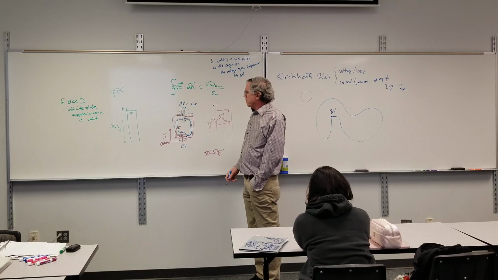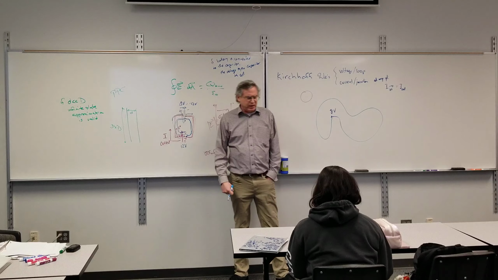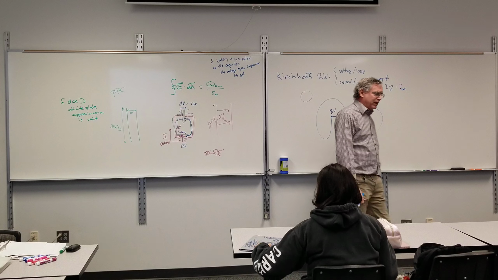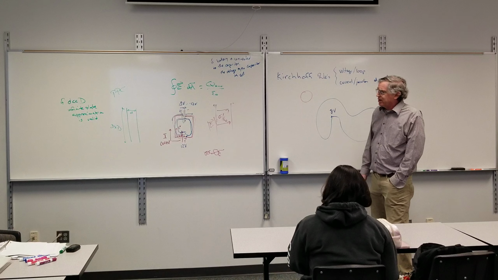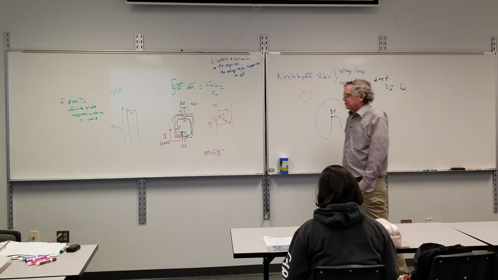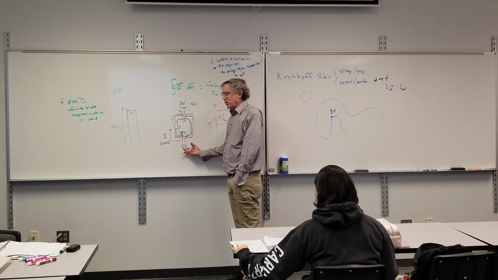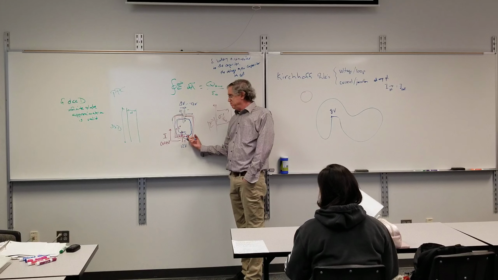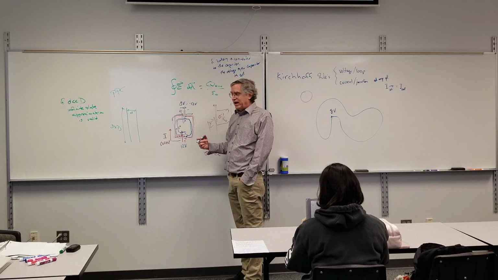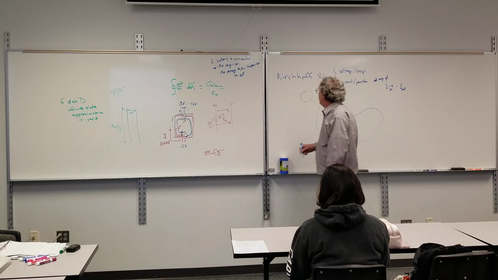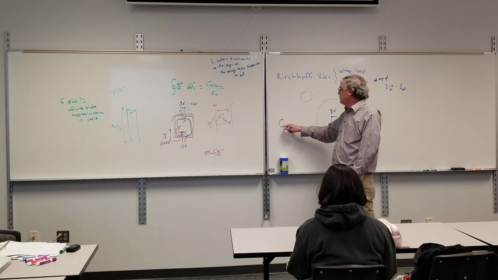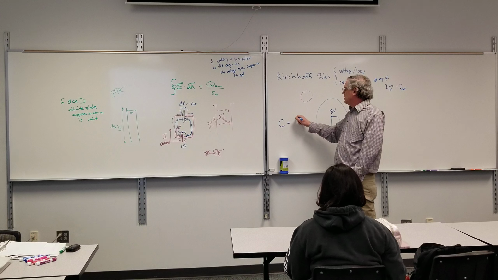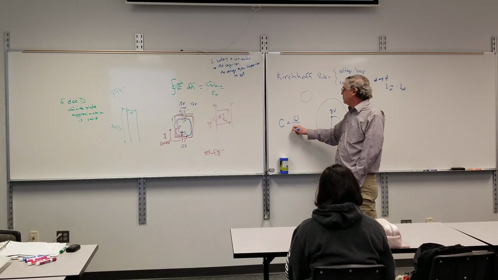So the capacitance, the capacity for it to hold a charge, seems like it would have something to do with the amount of charge it can hold based upon how much voltage I have. If I crank up the voltage, I'm cranking up the effort to push these charges out. And so we come up with a definition of a capacitance, which is the charge divided by the voltage.